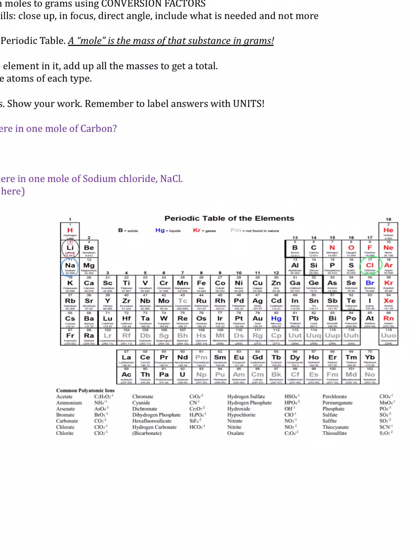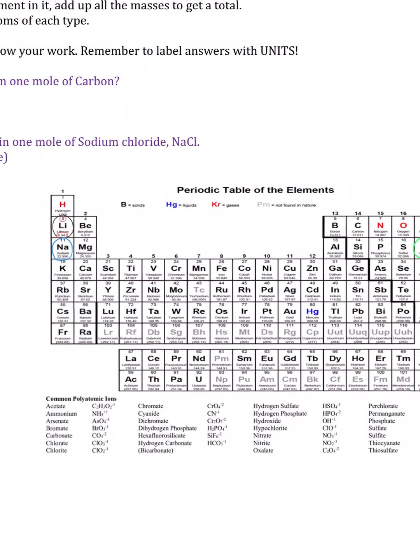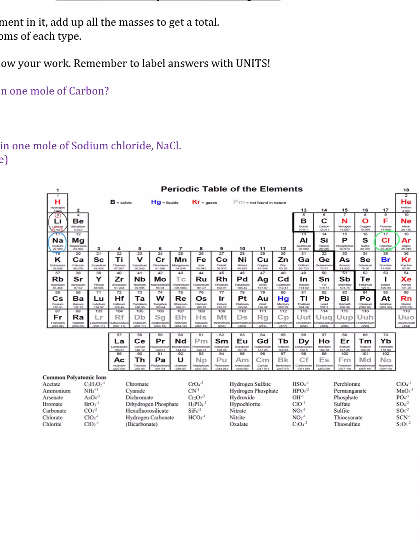So if I look at my handy periodic table, which I happen to have inserted into my document just for simplicity's sake, a mole is really how much you have to weigh out to have the amount that's on the periodic table, basically.